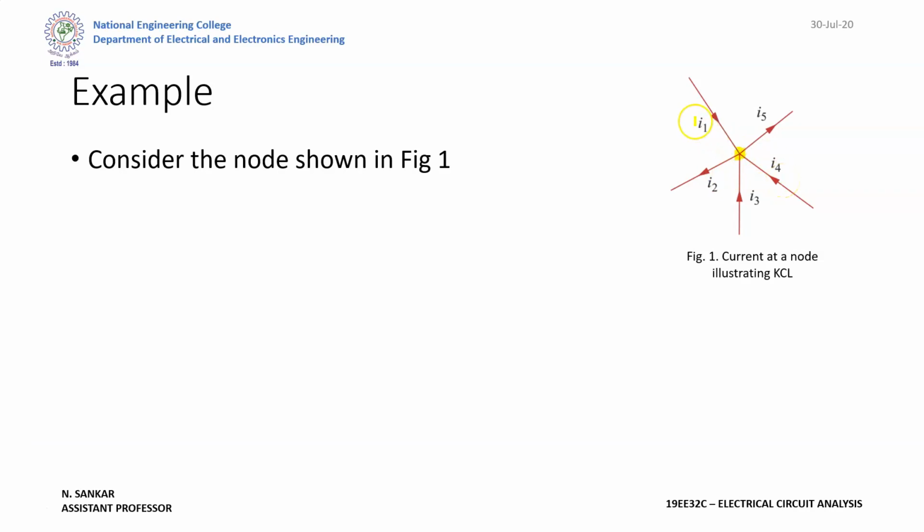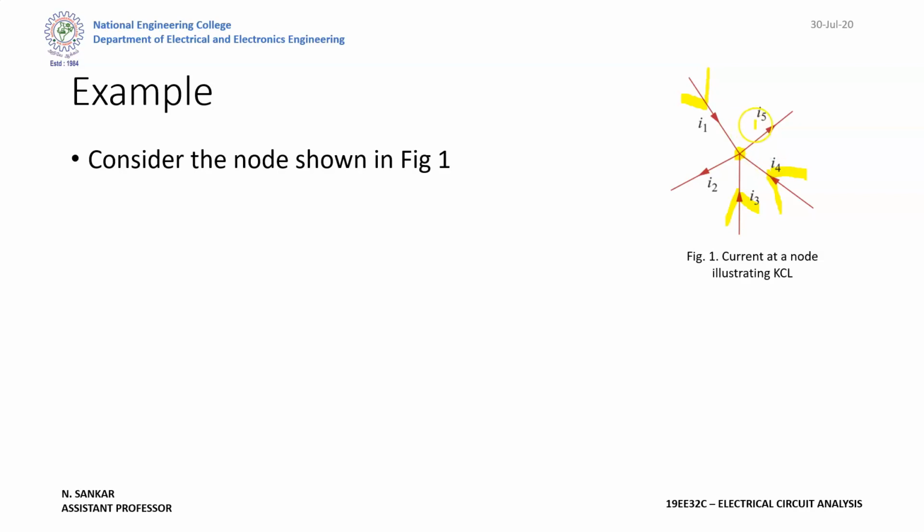So here just see the arrows. Which arrows indicate the current is entering the node? I1: here the arrow is like this, so it is entering the node. Then I4: here also the arrow is like this, so it is entering your node. Similarly I3. So I1, I3 and I4, these 3 currents are entering your node.